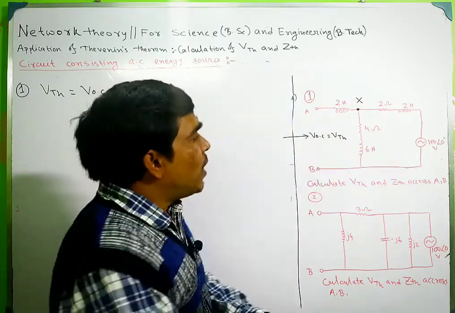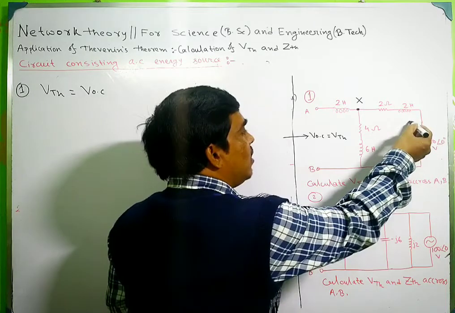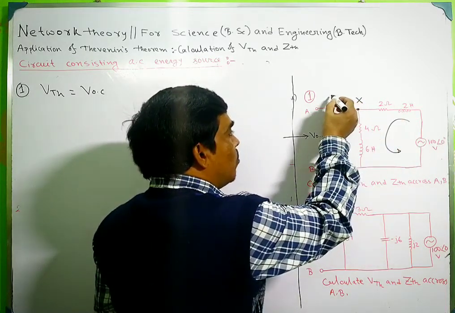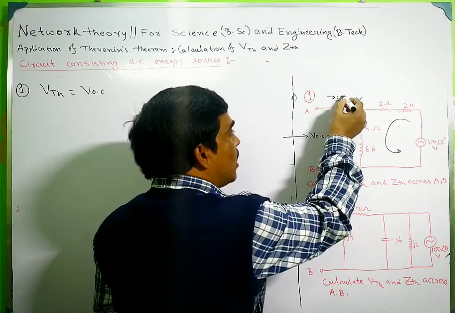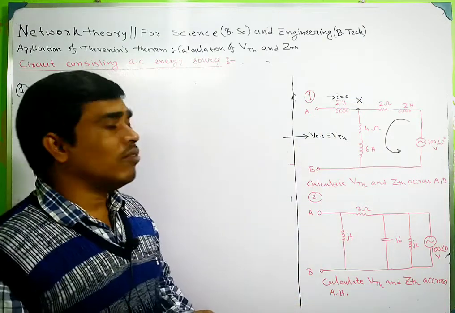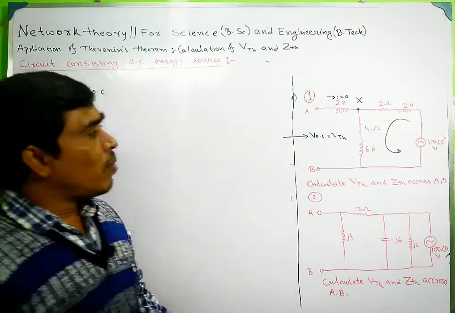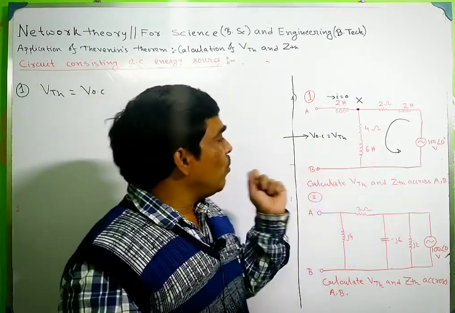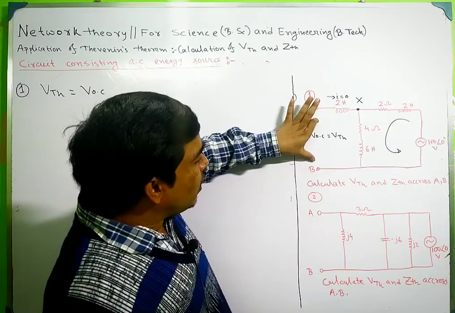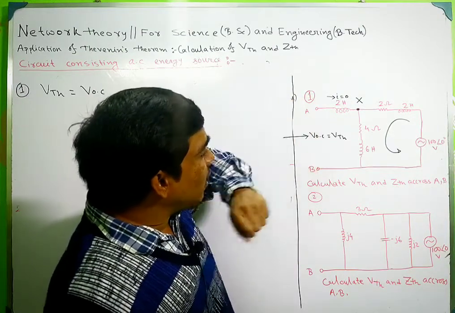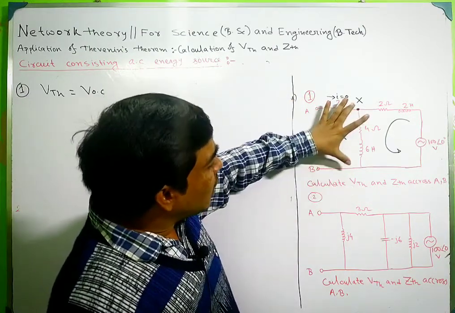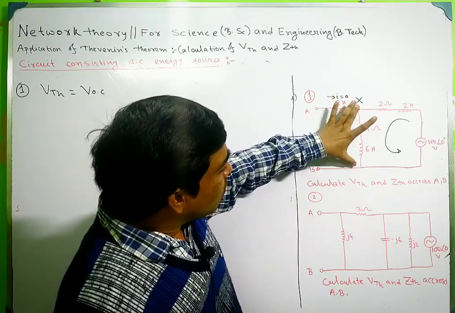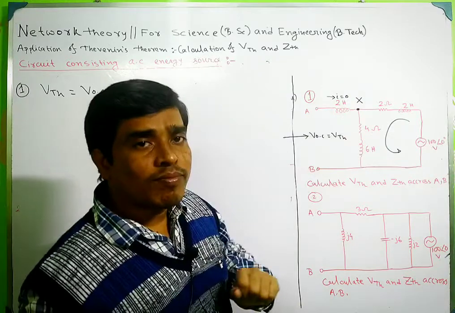So the current will pass in this direction; no current will pass through this inductor. So we can easily calculate the open circuit voltage across this terminal, which equals the voltage across this branch XB.